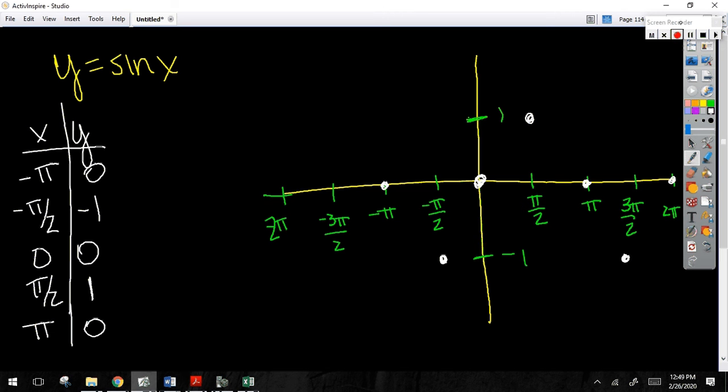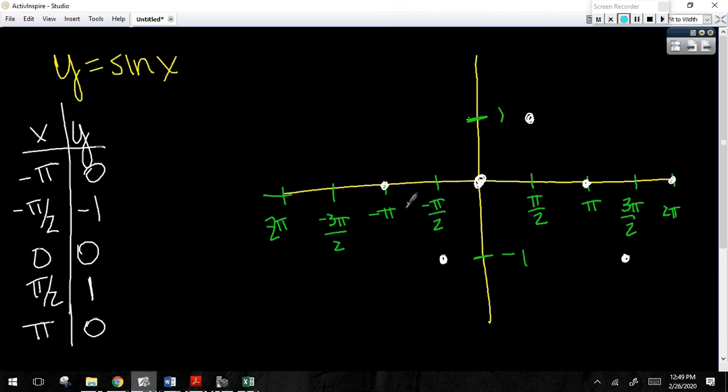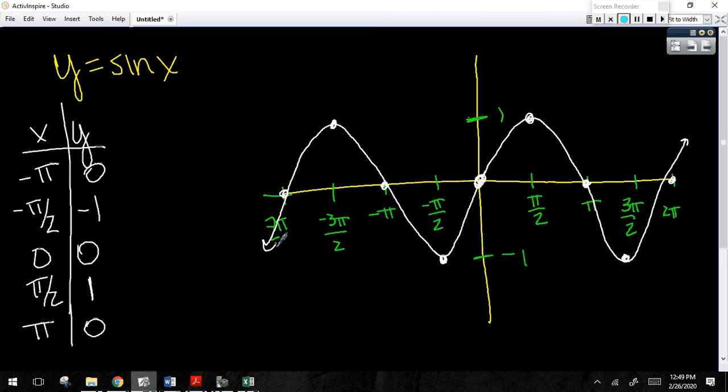You're exactly right. So this one comes back up and comes back down. So here's what it looks like. Have you ever heard of a sine curve, or a sine wave? All right, so it looks like a wave going. That's what the sine graph looks like.